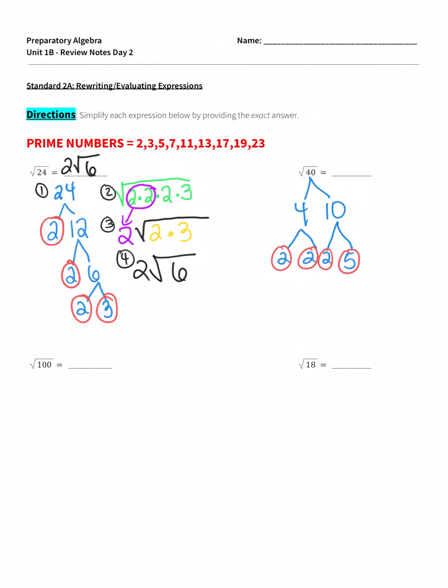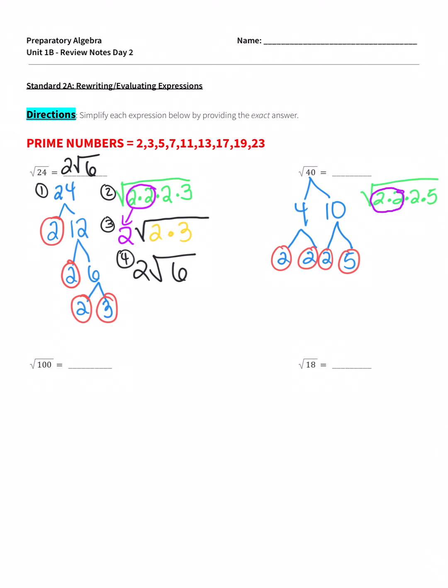My first step for that is to place all of the prime factors under a square root symbol. So again, we have 2 times 2 times 2 times 5. My next step is to circle any pairs that exist. I have a pair of 2s right here, so I'm going to circle them.